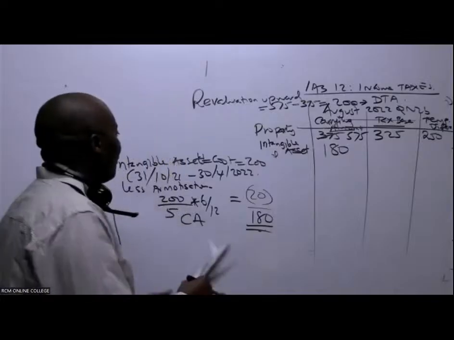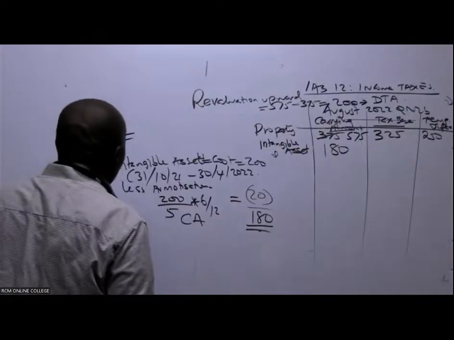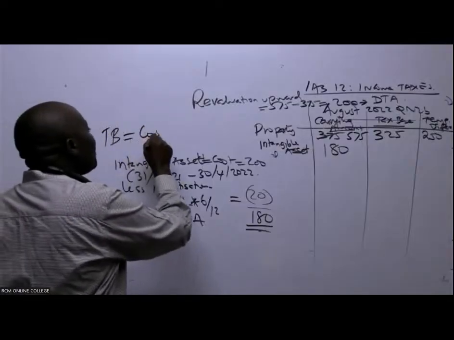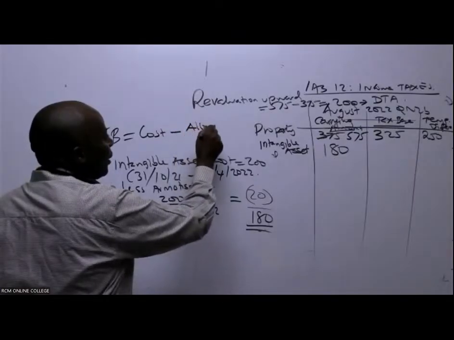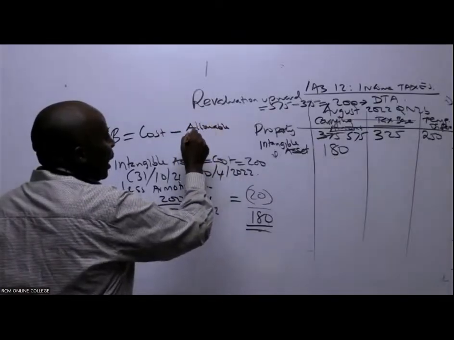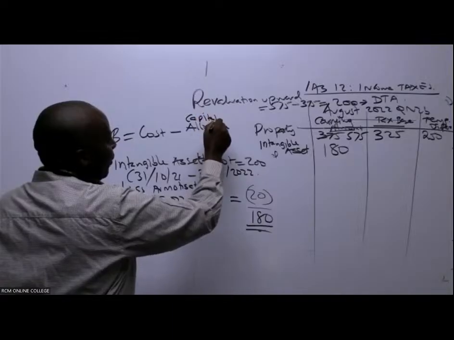So remember for the tax base, and I'm explaining this for the very last time, the tax base should always be equal to cost, less capital allowance.